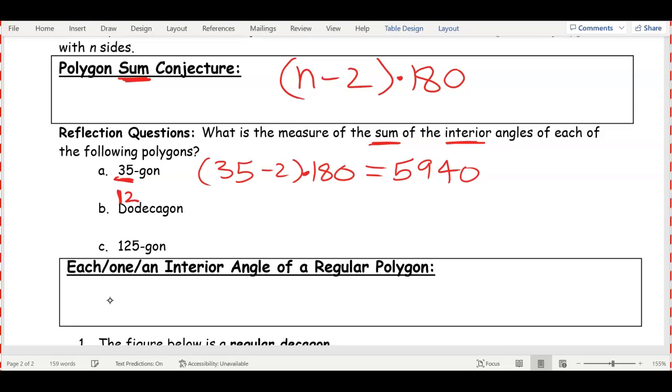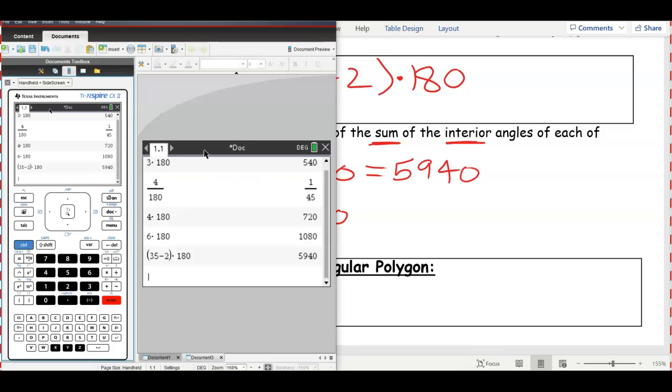I'm putting 12 on this. So plug that in because we're looking for the sum of the interior. I'm going to do n, which is 12, minus 2 times 180. 12 minus 2 times 180, and we get 1,800.